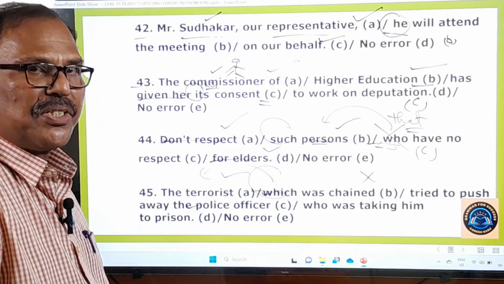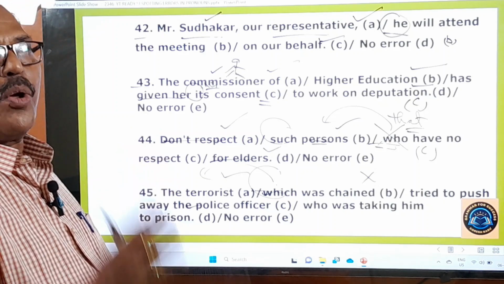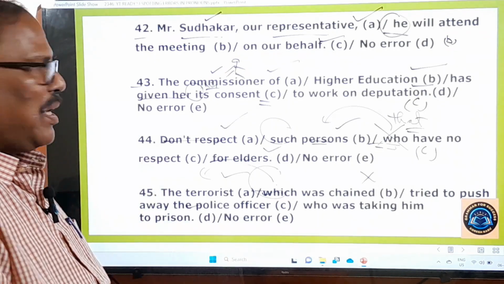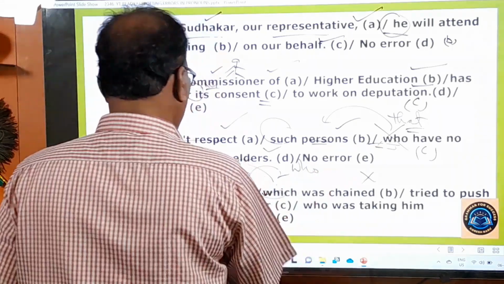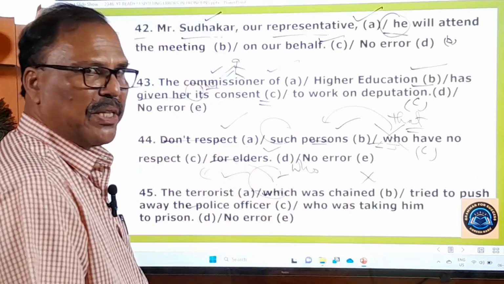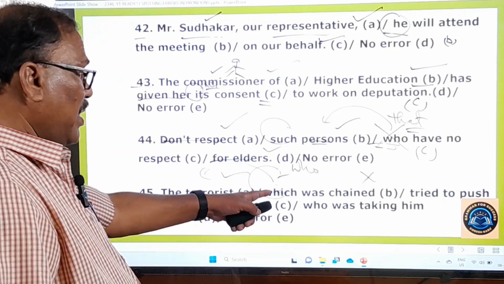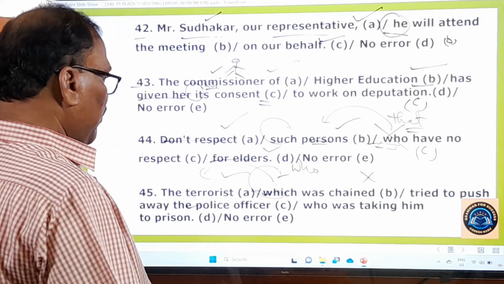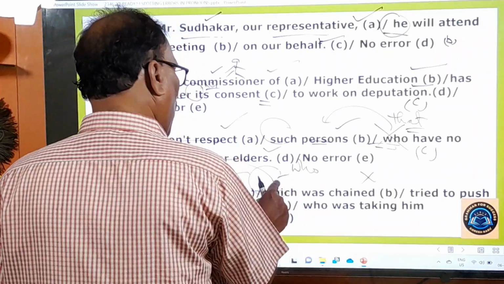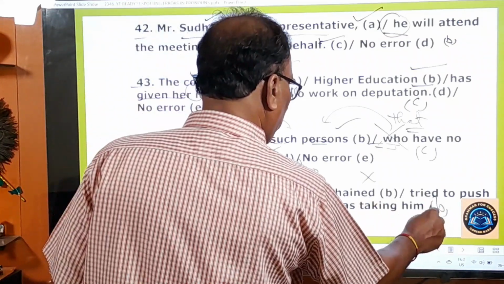Actually to refer to persons we should use who, whom and whose, and since it is the subject, we should use "who" here. "The terrorist who was chained" should be there, but "which was chained" is there. "Which" is used for things, animals and places. You know that very well. So since it is wrongly used, this B part is a mistake.